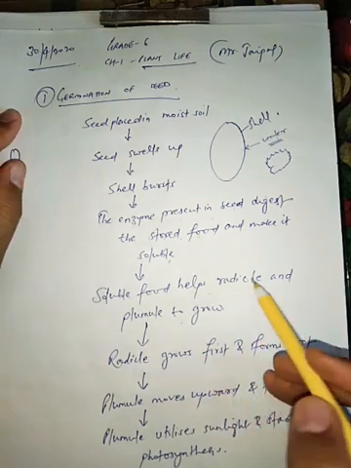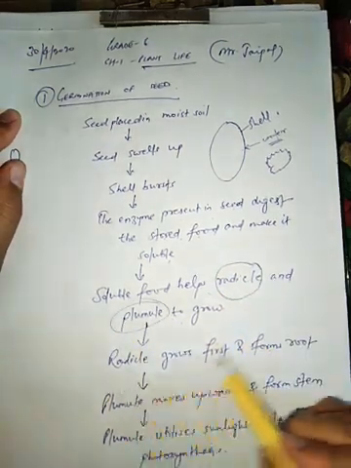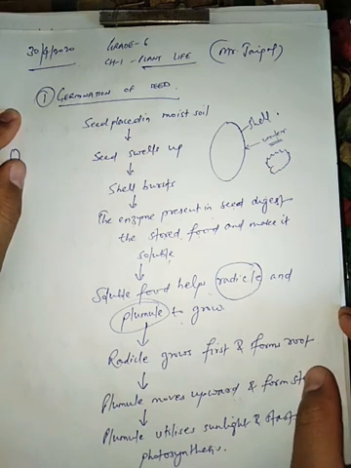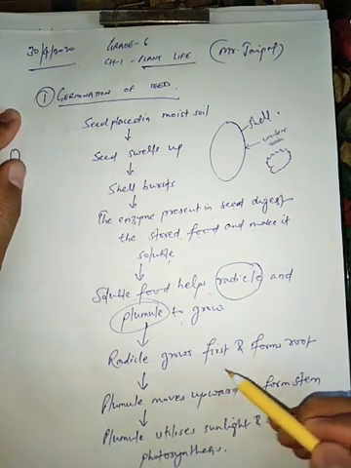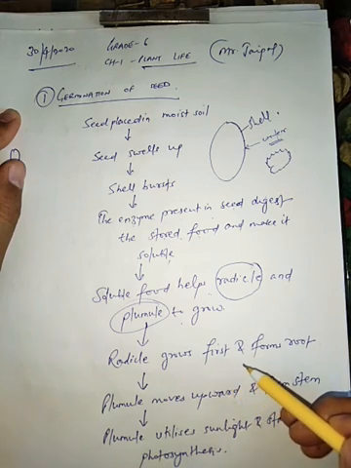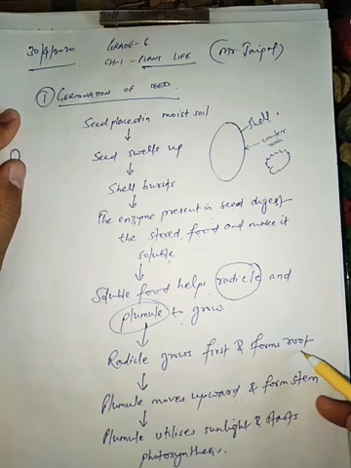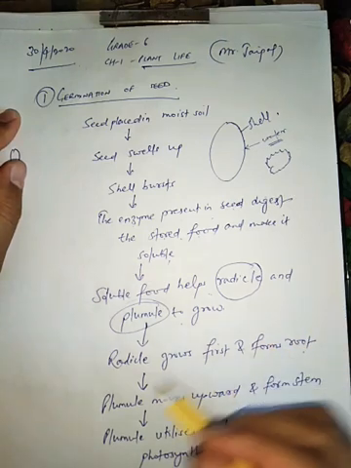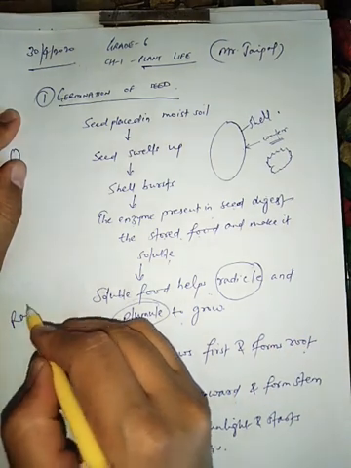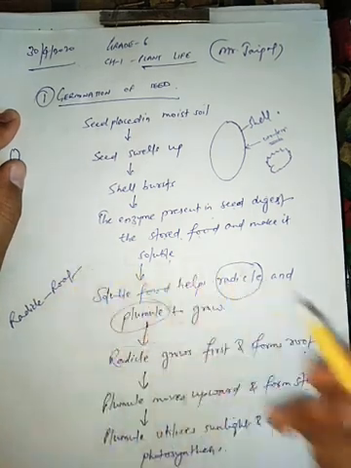Now there you can see two terms, radicle and plumule. When this radicle moves into the soil, it forms root. Simply you can remember like this: R is for radicle and R is for root.